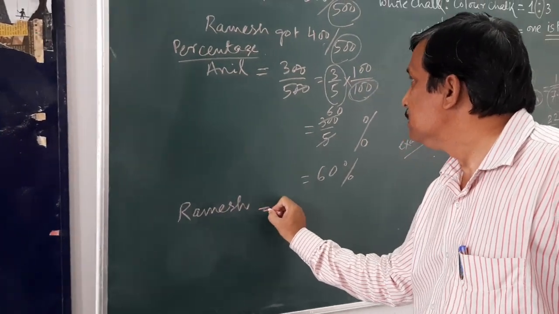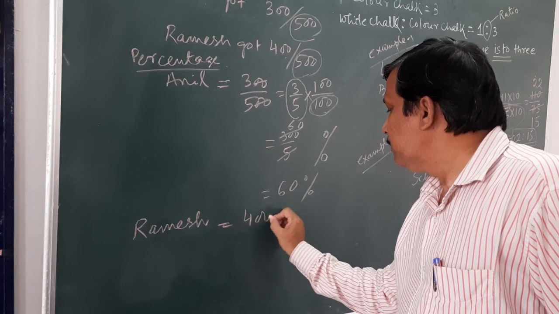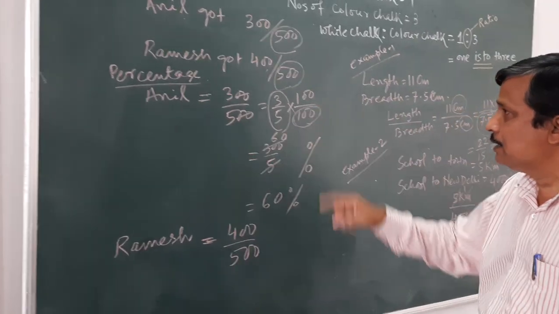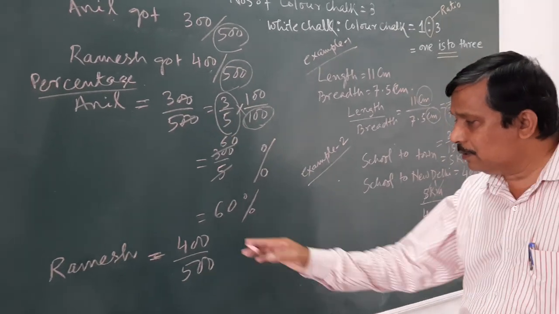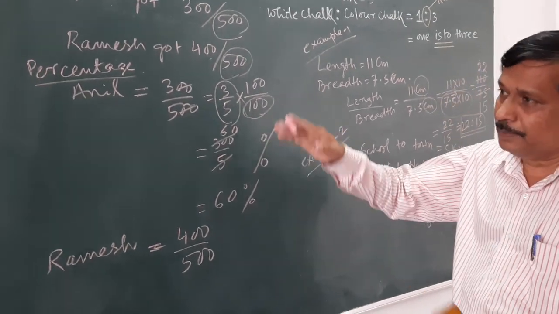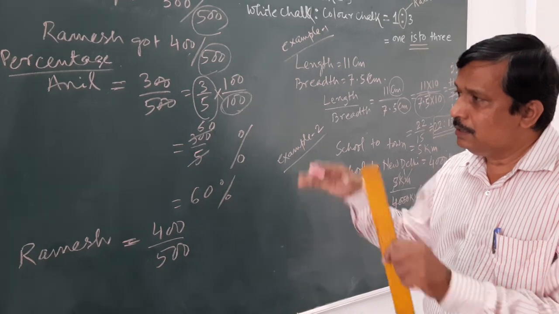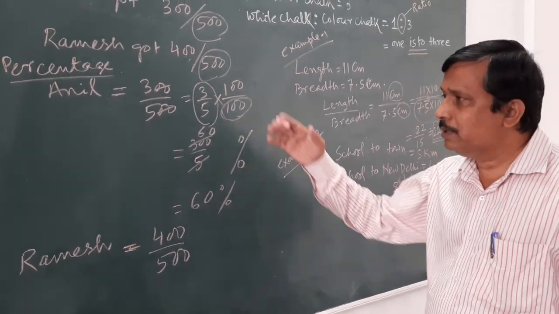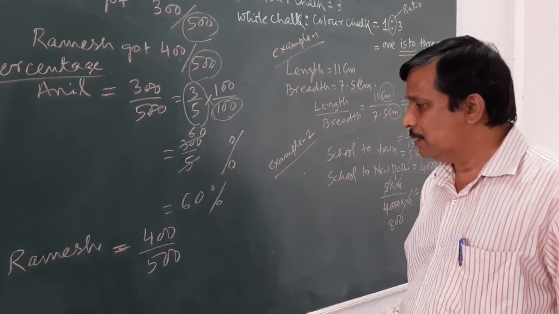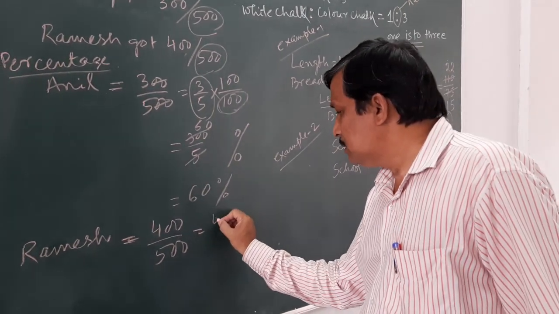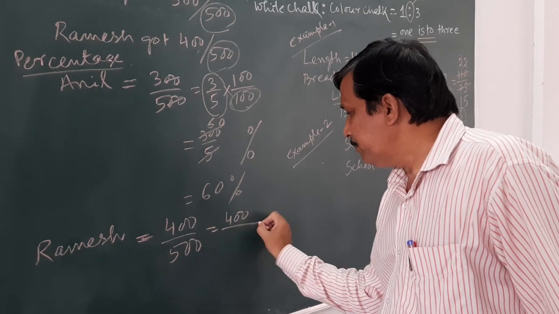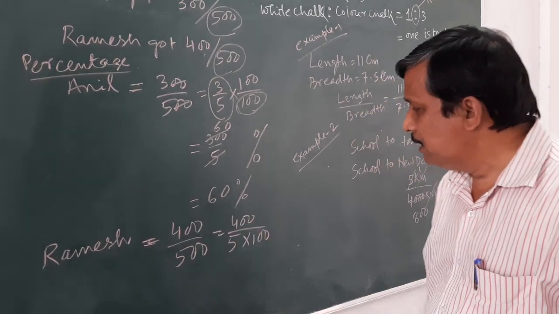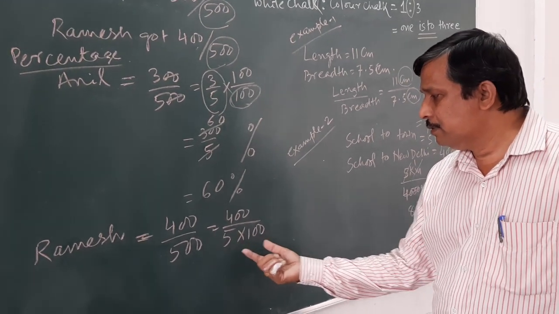Now you want to calculate the percentage of Ramesh. Ramesh's percentage is 400 by 500. In this case I had cancelled out. Here I have cancelled out. Suppose the other way, because in mathematics there are different ways. So you should know the different alternative processes, so that whichever is easier for you, you will calculate, and you will get good marks in your examinations. Suppose I convert this into 100, because this 500 can be written as 5 into 100.